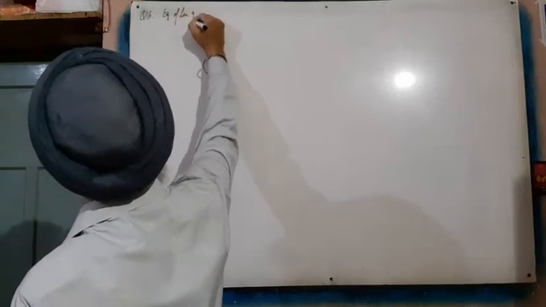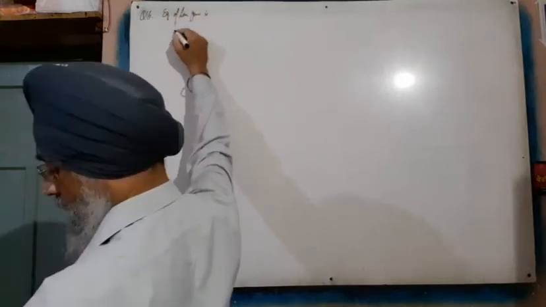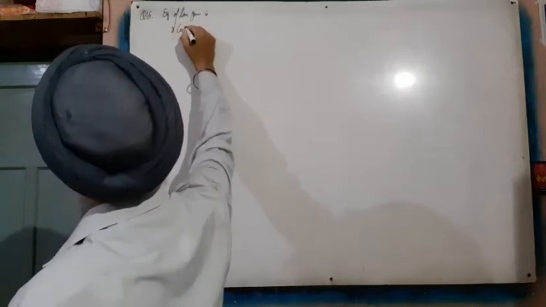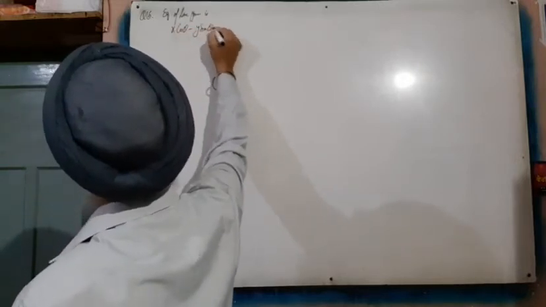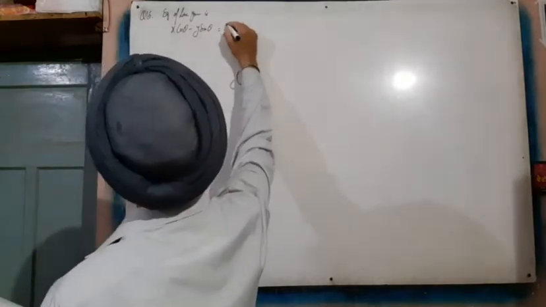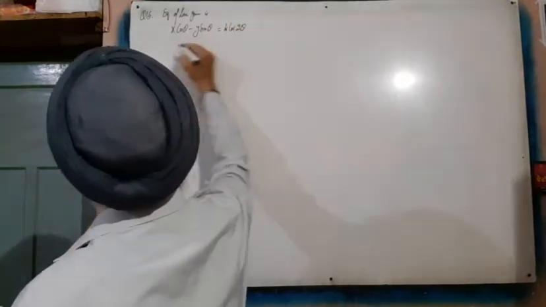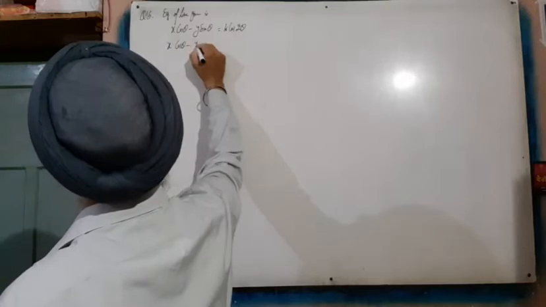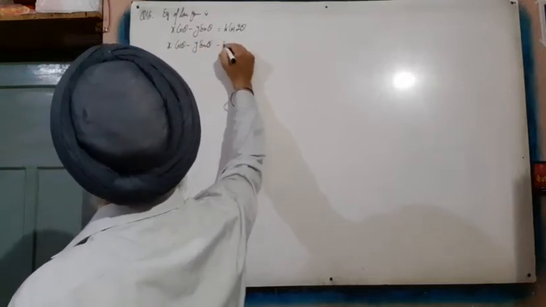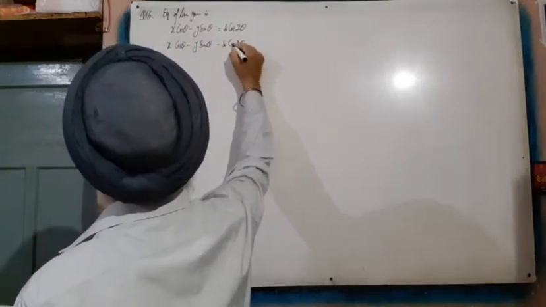The equation of line given is x cos theta minus y sin theta is equal to k cos 2 theta, or you can say x cos theta minus y sin theta minus k cos 2 theta is equal to 0.